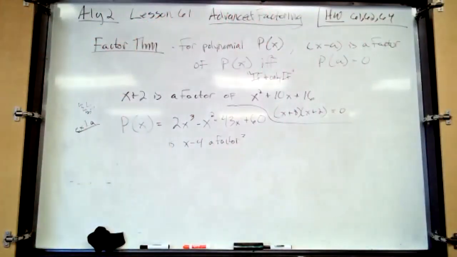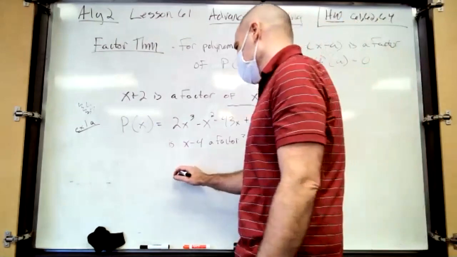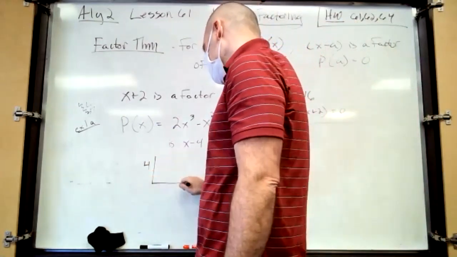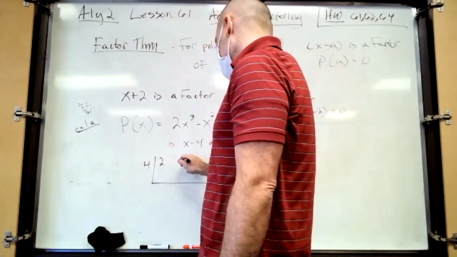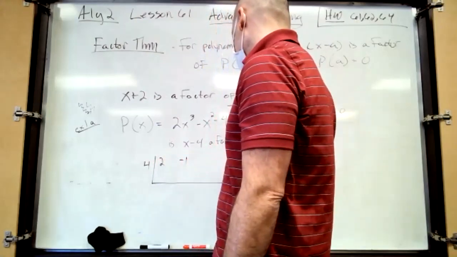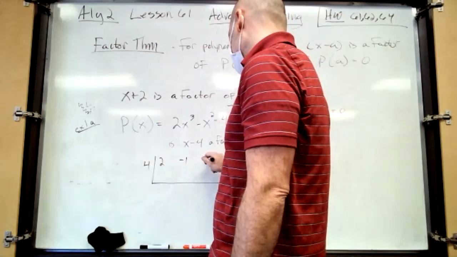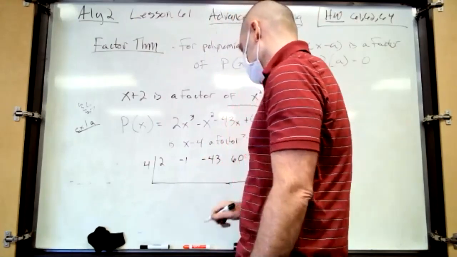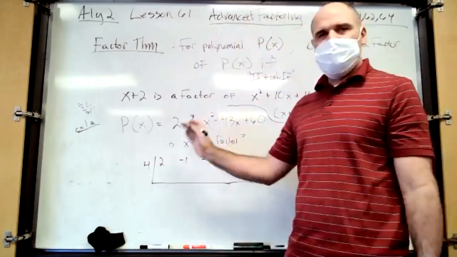Another way to think about this is synthetic division, because really synthetic division is just plugging this in. If I use synthetic division, the 4 goes out here. I put my coefficients there. Okay, and then just do synthetic division.